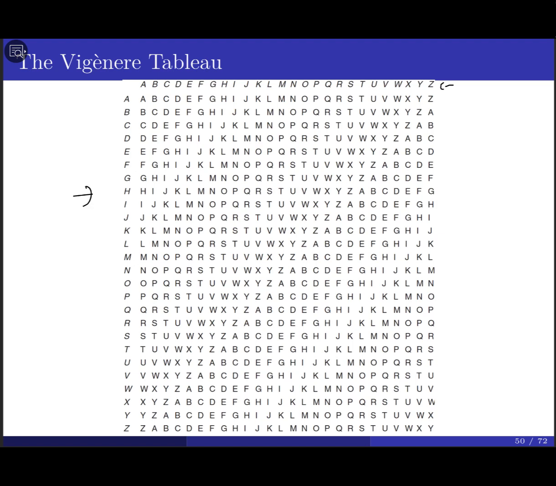Anyway, I'm going to use the index for the column for the key, and the plain text letter as the index to the row. You have a V here, and the plain text is T. You just find the intersection here, which is going to be O. So V is the key, and this is the message. You say T, the corresponding ciphertext is going to be O.